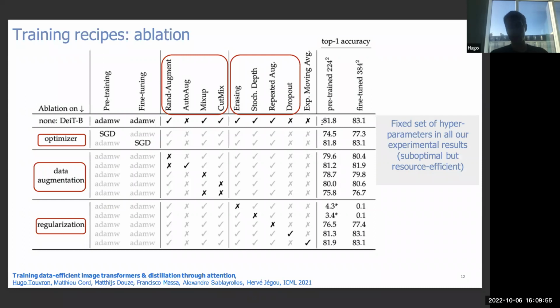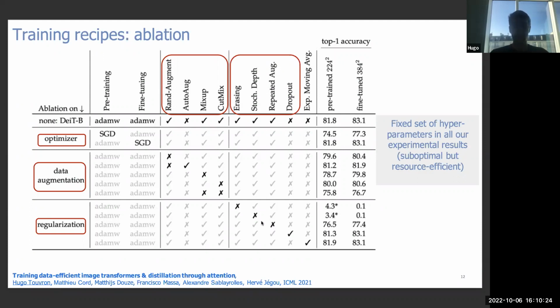As you can see in this ablation table, the training is not very robust to the change of some components of the training. For instance, if you change the optimizer, or if you remove, for instance, repeated augmentation, you can have some drop in terms of performance. And in some cases, you can have some kind of divergence, for instance, if you remove stochastic depth.